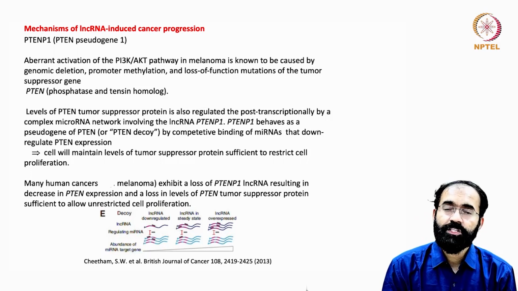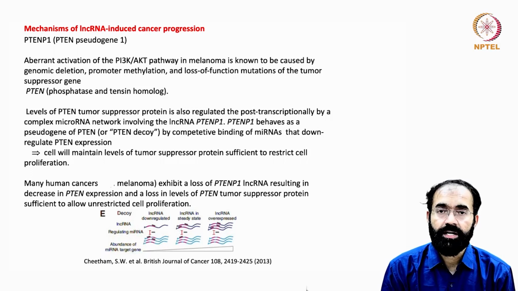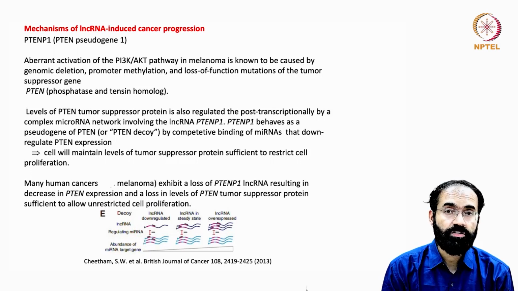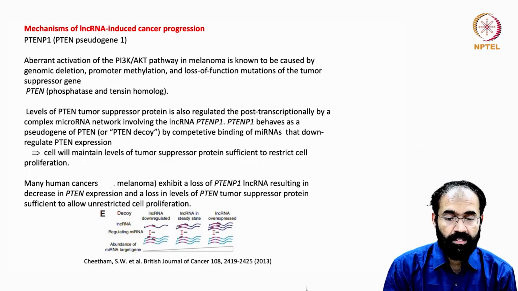So we usually call the pseudogene a decoy. Decoy means it can fool the system. That means it will look like the original gene, but it's not the original gene. So many times it will act like a scavenging molecule. That means the molecules that interact with PTEN will get competed out, something like that.